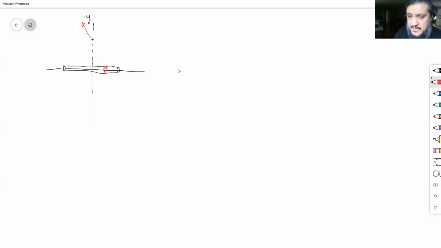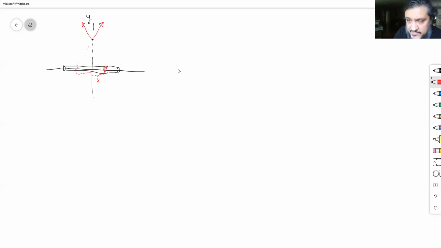But if you think about the symmetry, for every charge on the right-hand side of x equals 0, you will have another charge on the left-hand side. Say for this one, you will have an equal dq on the other side at negative x, right? And due to that, you will have a vector pointing this way.